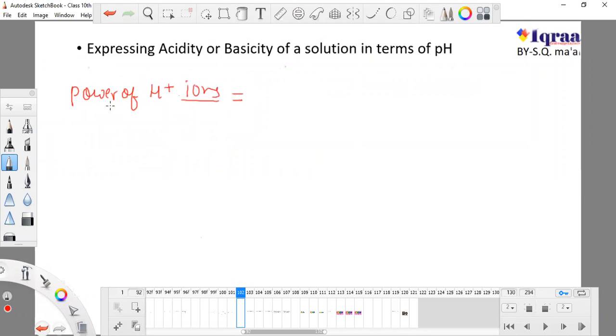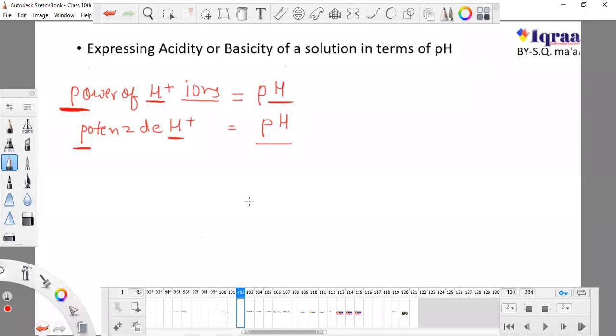This is known as P, power of H plus ion, H. So we use this as pH. In Danish it is known as potence de hydrogen, and it is also known as pH.